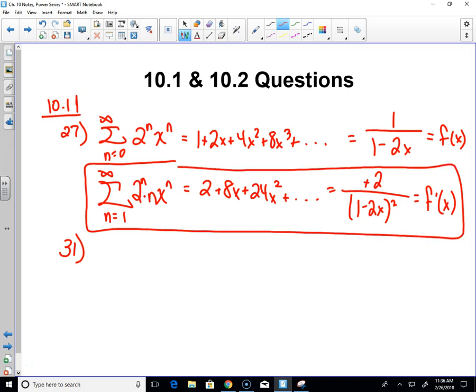Okay, now we need to integrate. And I think it's the integral from a to x, is that right? Let's put it down here. Integral from a to x of f of t dt. We would end up with, hopefully you guys saw that be an ln, right? With u being 1 minus 2x.